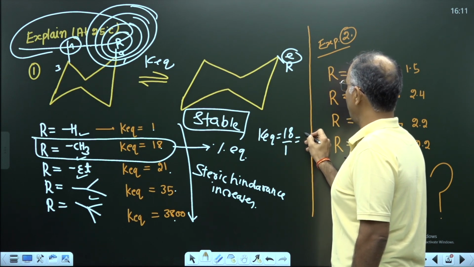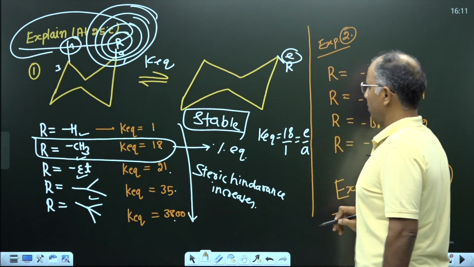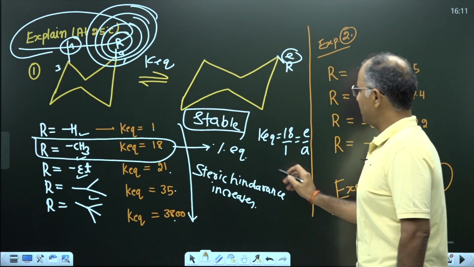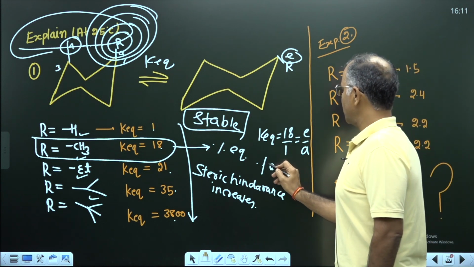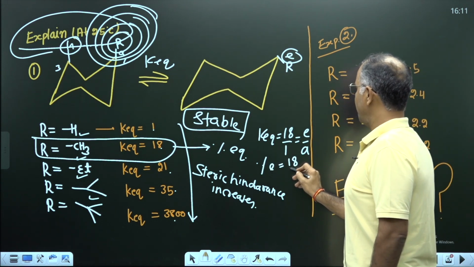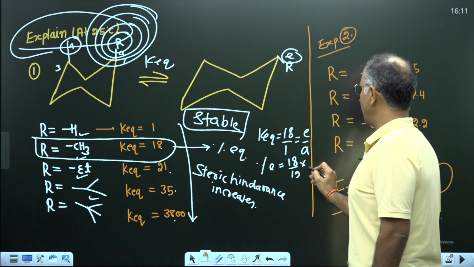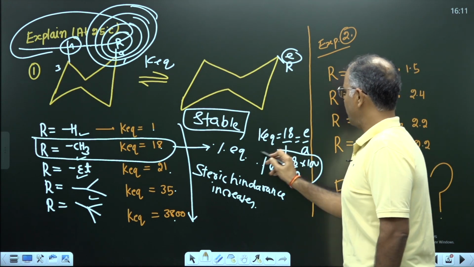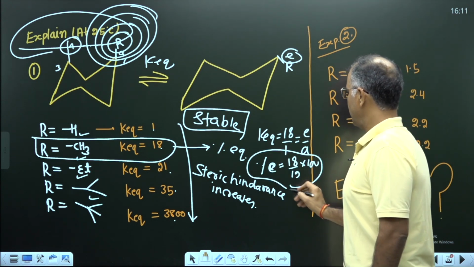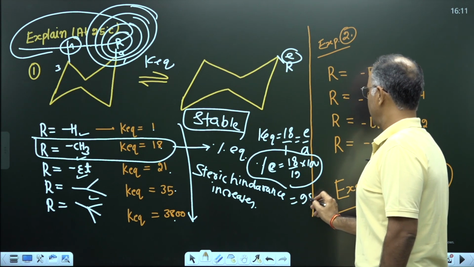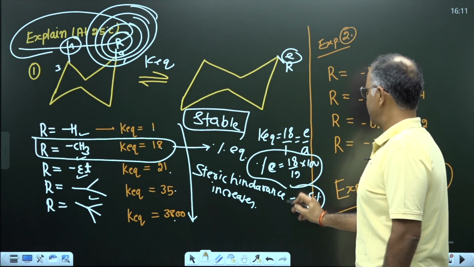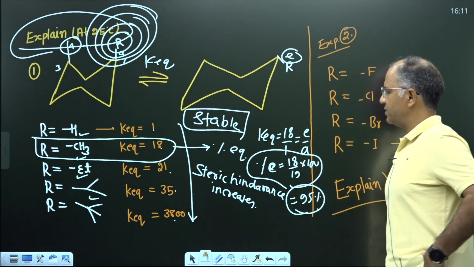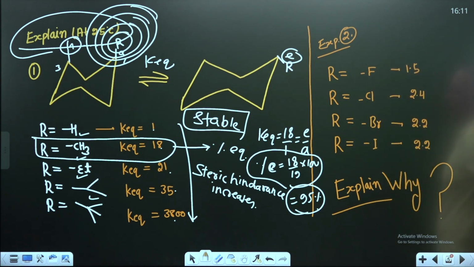This ratio is of E by A. Got it? Now, what is the percentage of E? Percentage of E equals 18 upon total into 100, which is nearly 95%. This is our percentage of equatorial conformer.